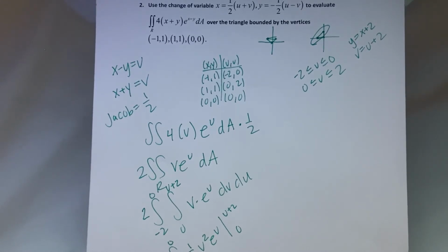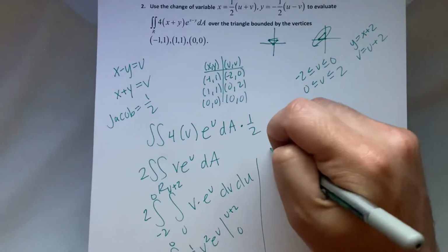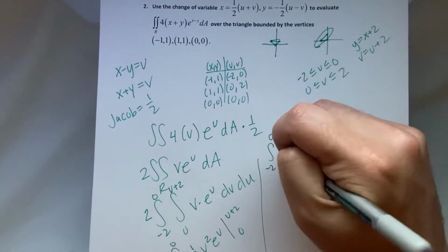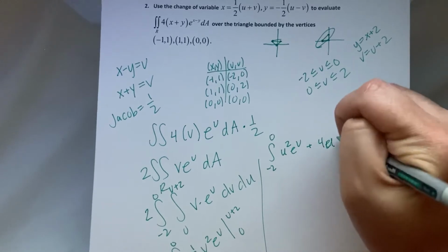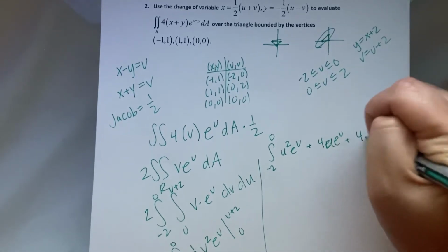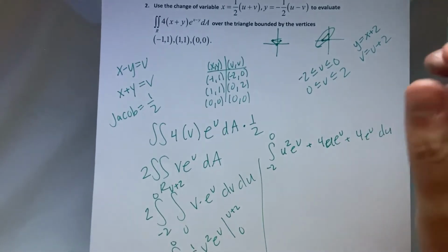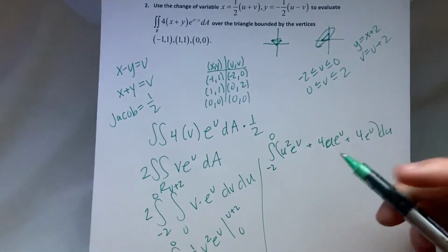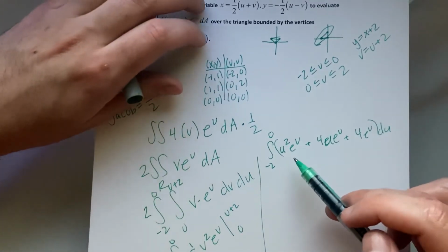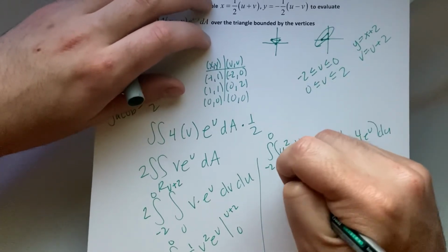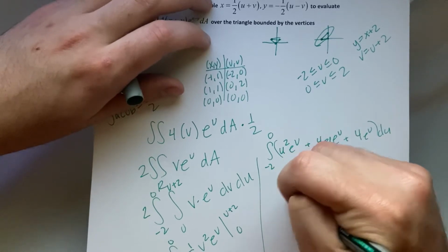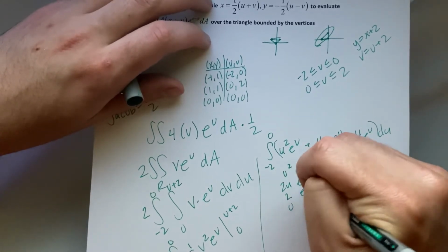In order to integrate this, let's separate it into pieces. I'm going to go from -2 to 0 of u squared e to the u plus 4u e to the u plus 4e to the u. The integral of the first one should be integration by parts, so we'll do the tabular method: u squared, 2u, 2, 0, and e to the u, e to the u, e to the u.